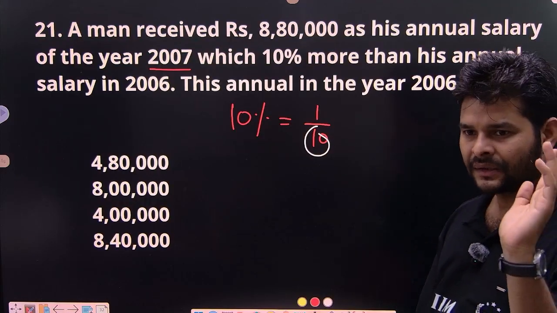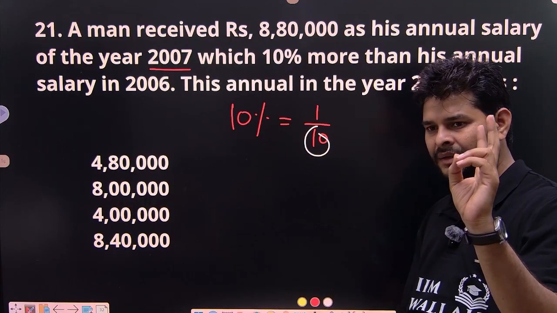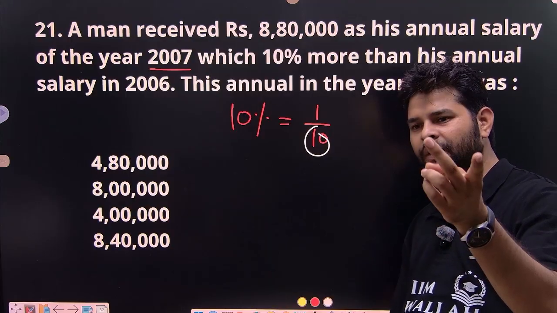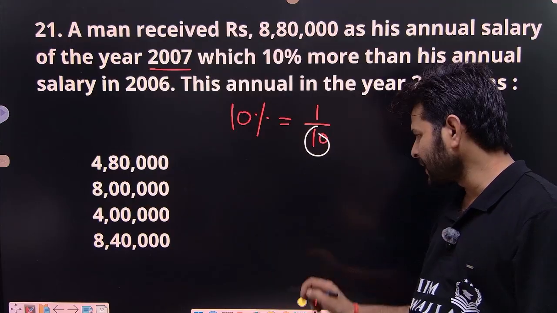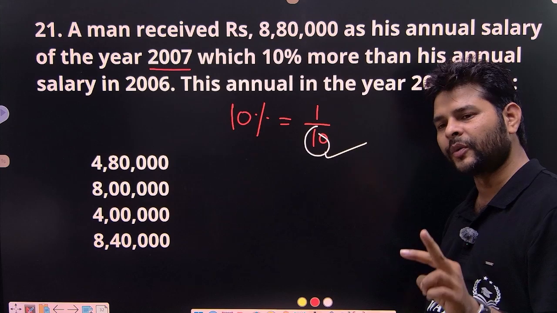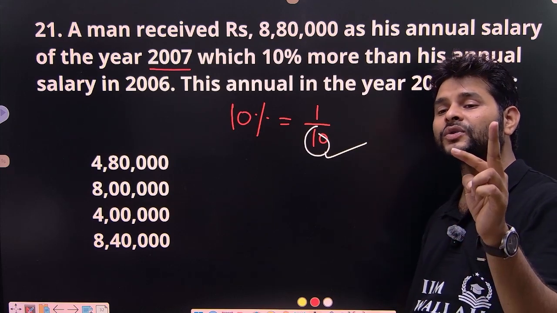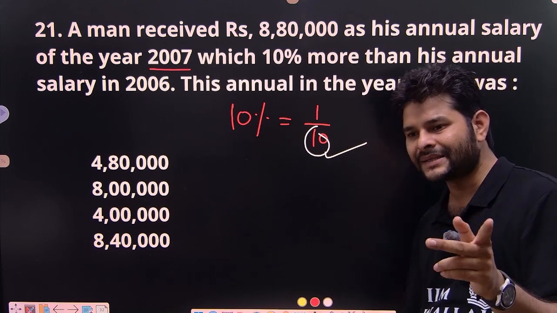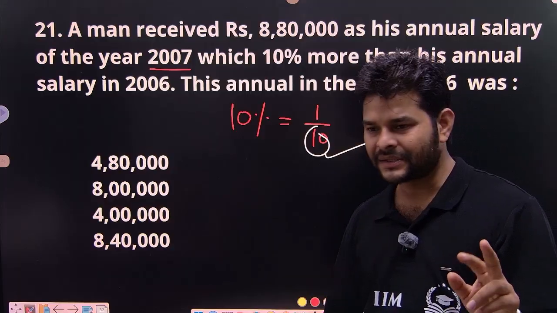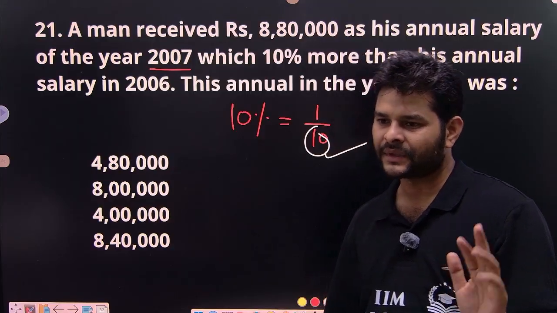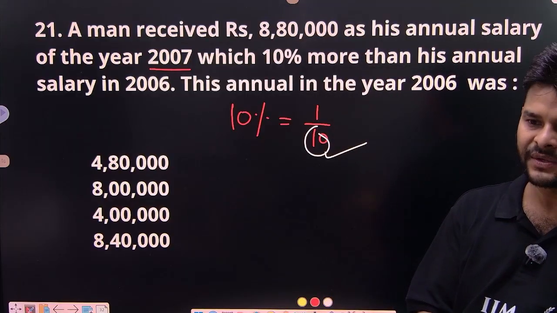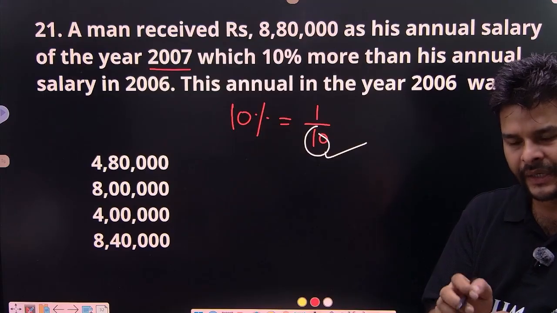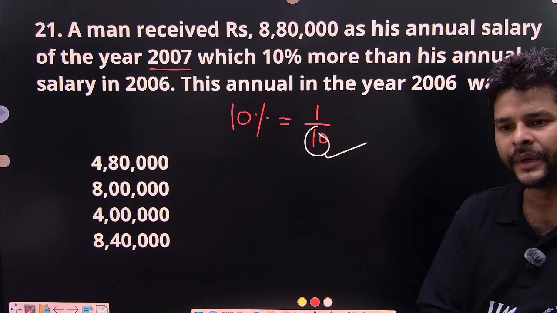If we are comparing with 2006, whatever value is written in the denominator is going to represent the salary of 2006. A very simple method we discussed at the very start of the class: the value we compare with, we need to put in the denominator.